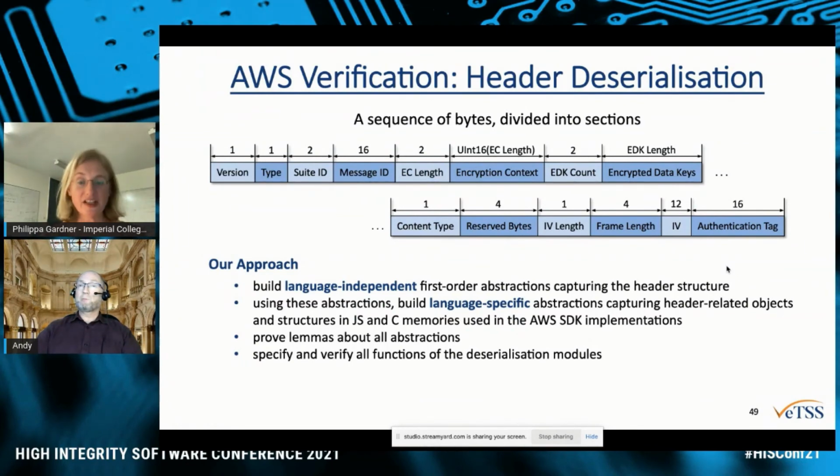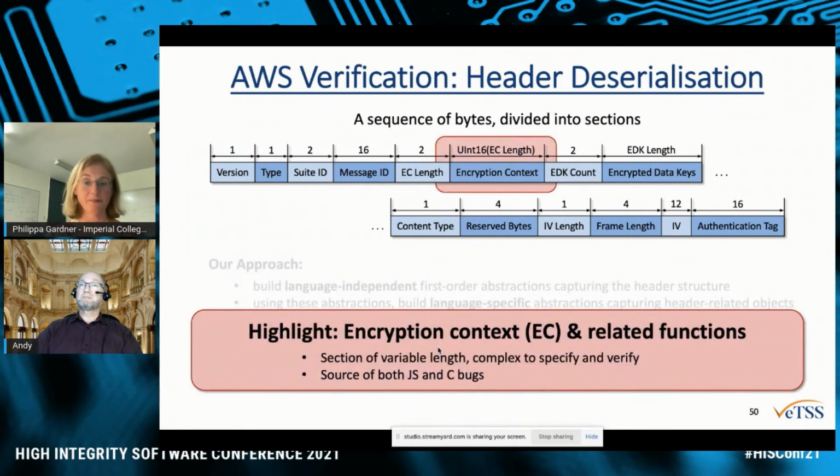We can link those first-order abstractions to abstractions in separation logic in the context of assertions describing JavaScript memory and C memory. We can prove lemmas about all abstractions, and we can specify and verify these functions of this deserialization module. Here we found bugs, and also here was hard because there was a lot of dynamic list length going on.